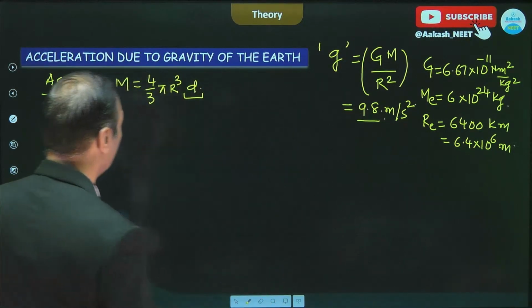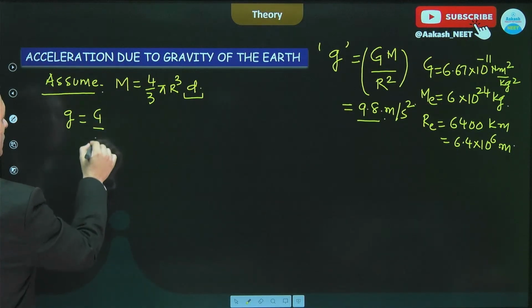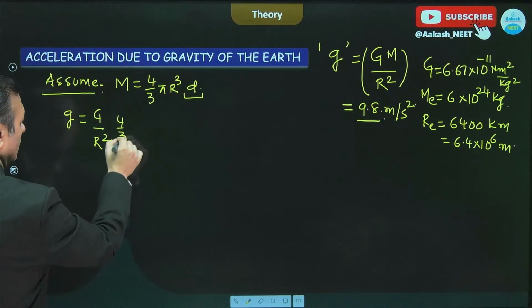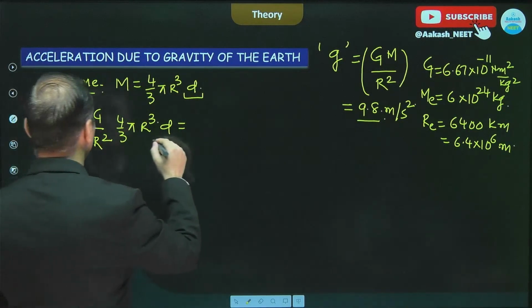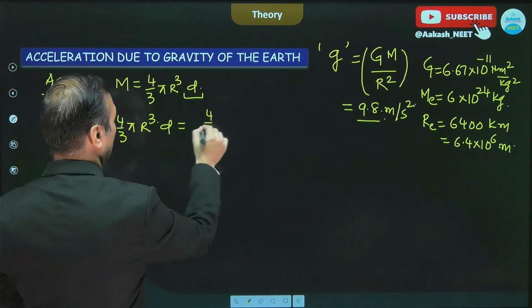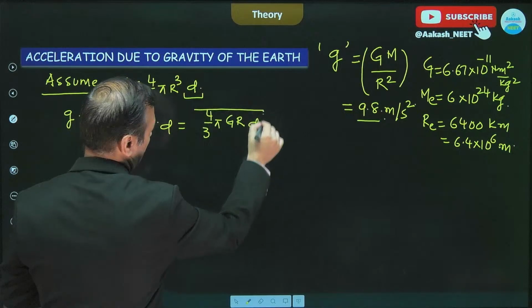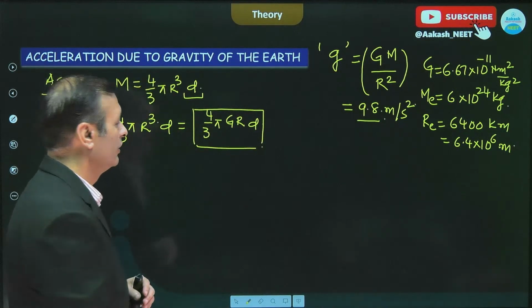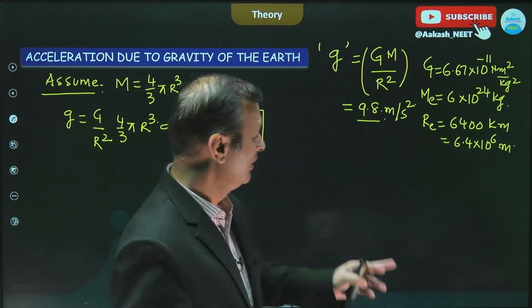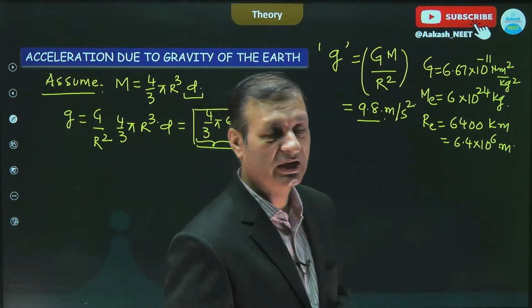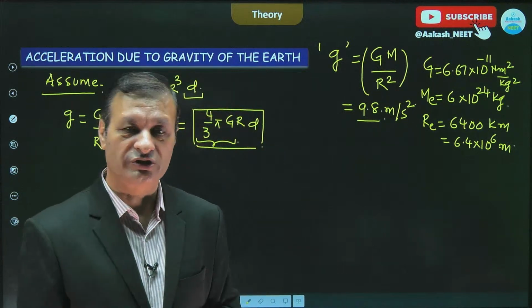Got it? So when you put the value of this mass there, this acceleration due to gravity becomes 4 by 3 pi G R into D. Whereas this part is constant almost for all, and primarily it varies on these two parameters, that is your size, that is radius, and its assumed constant density.